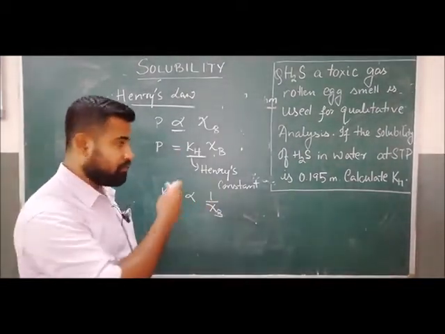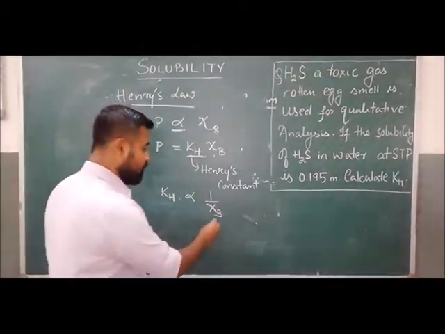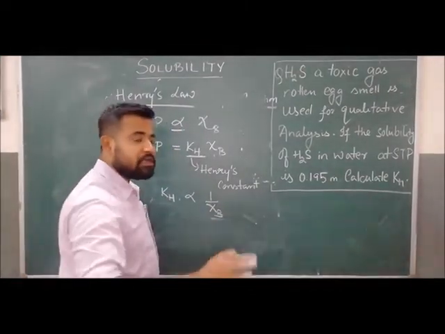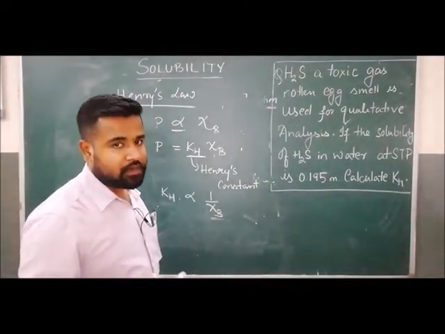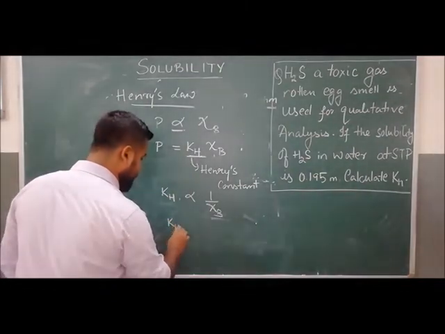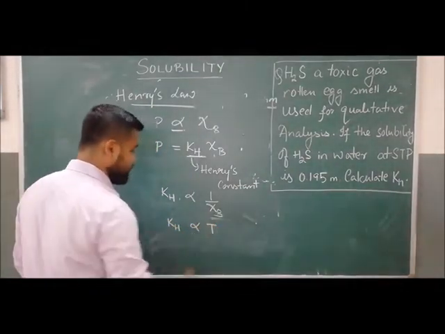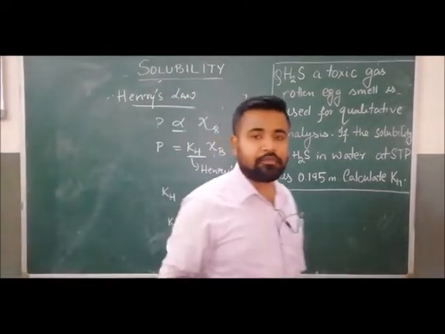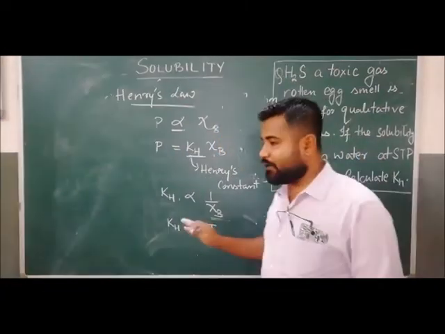and previously I have told you, the solubility of the gas is inversely proportional to what? Temperature. So that's why this KH is directly proportional to temperature. The KH is directly proportional to temperature. Clear?